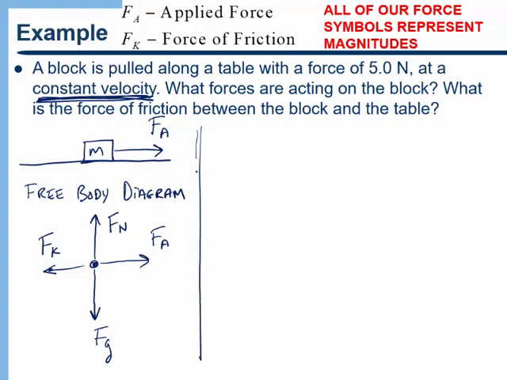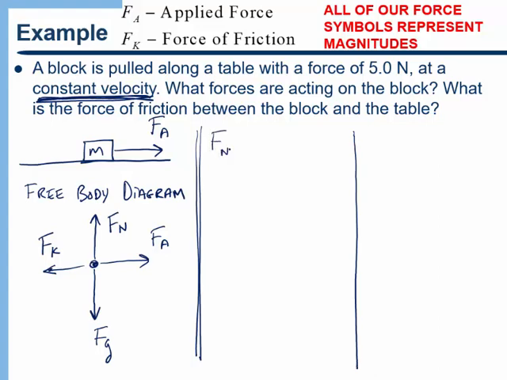The next step that we do in problems involving Newton's second law is we write down Newton's second law for each component that is relevant to the problem. So in this case, we have both the x component and the y component.